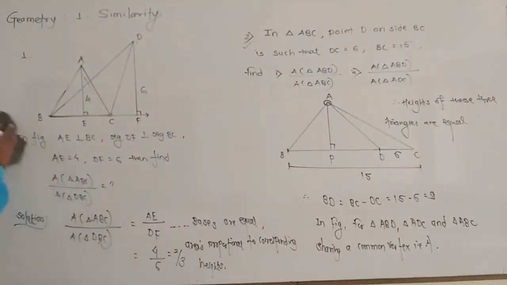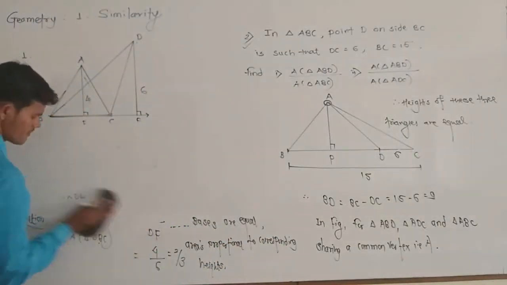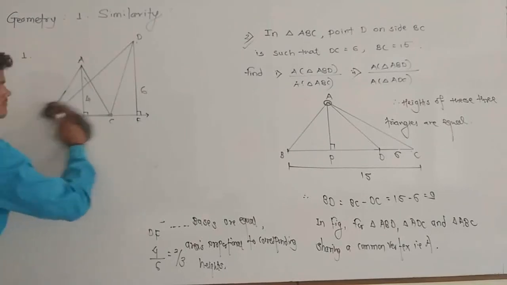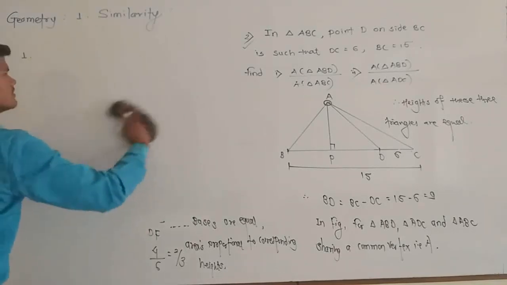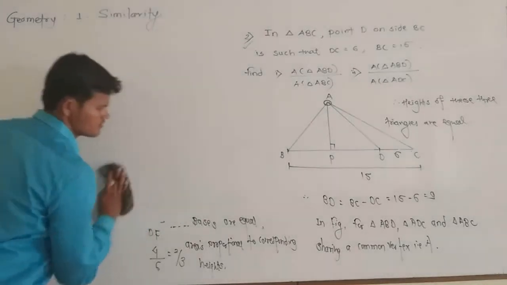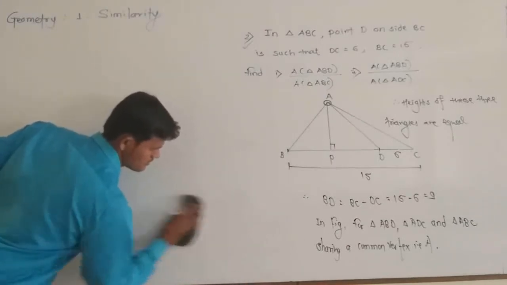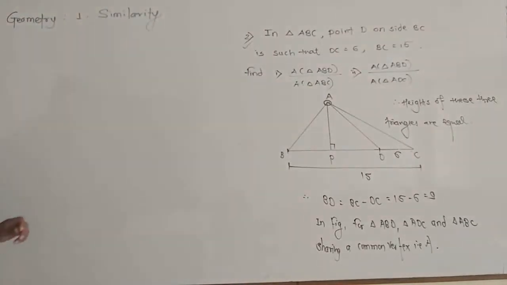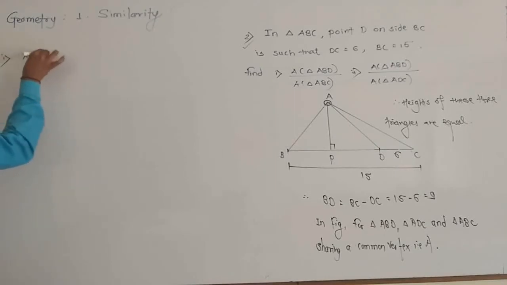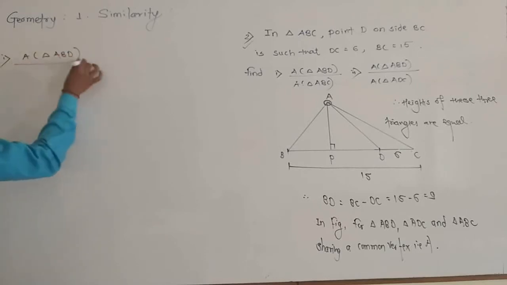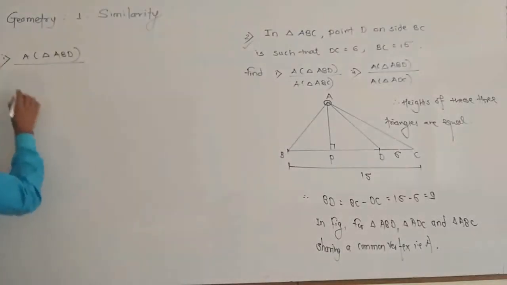So to find the first ratio, that is area of triangle ABD to area of triangle ABC.